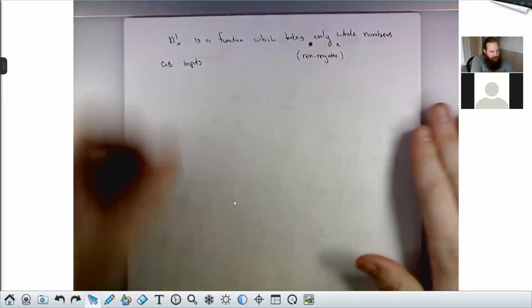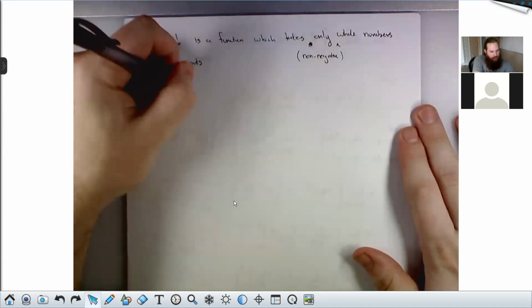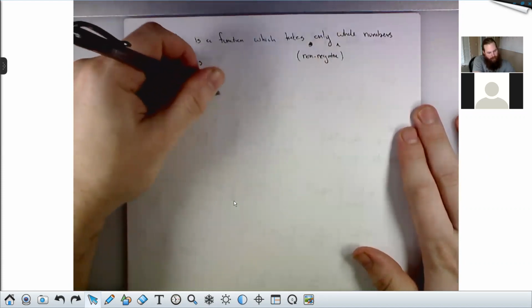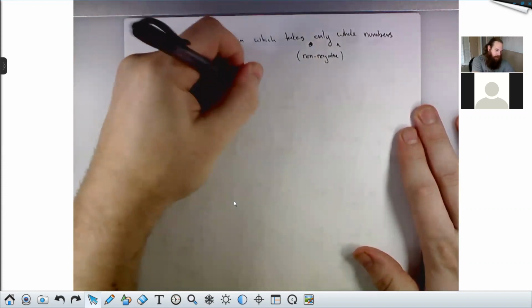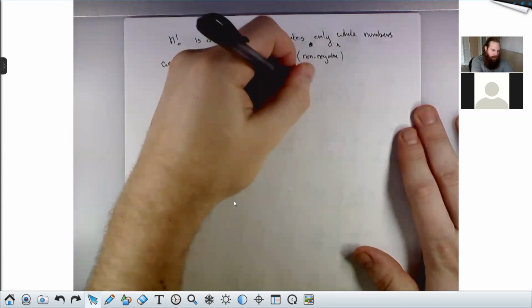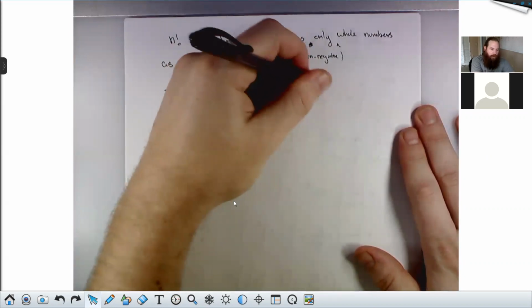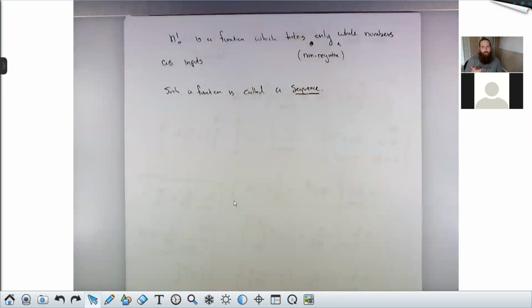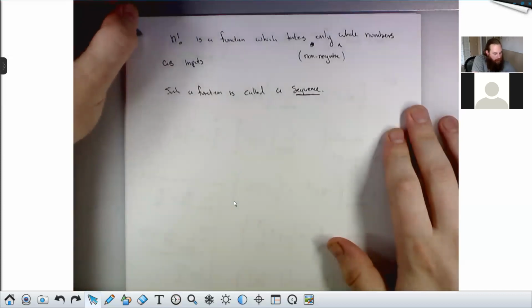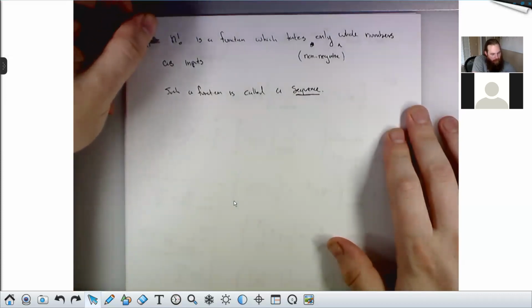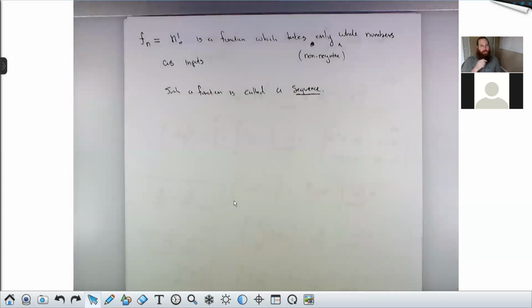Such a function is called a sequence. So a function whose inputs are positive whole numbers or non-negative whole numbers are sequences. That's all. That's the definition of a sequence. Maybe I'll call it capital F or lowercase f of n, for n factorial. This is the notation we usually use for sequences.